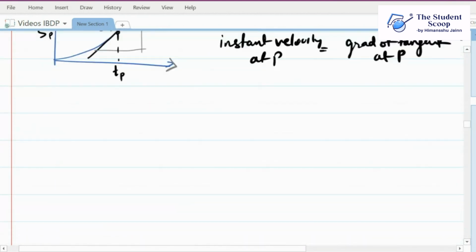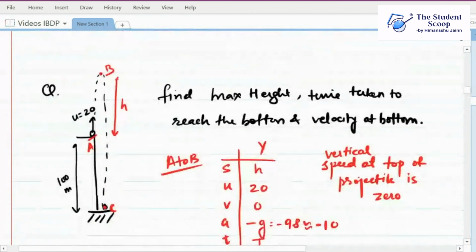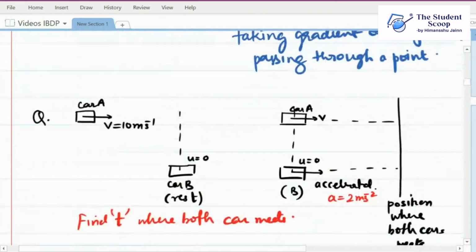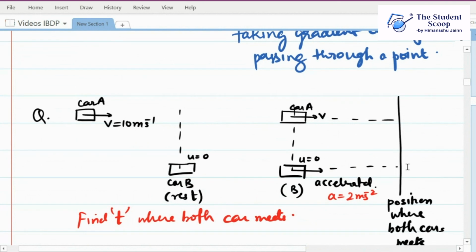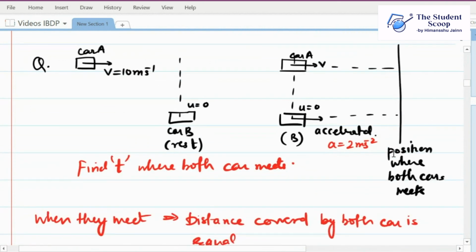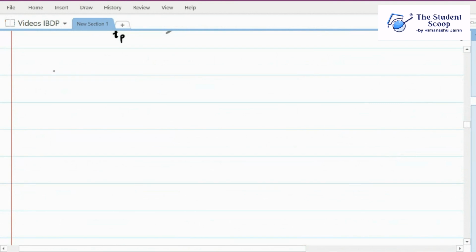Now we will try to draw the graphs of the examples that we did in the last video, where car A was moving at a constant speed and reaches a particular distance, and car B, which started from zero, accelerates and reaches the same distance in a given time where they both meet. This example can be drawn in terms of a graph something like this.